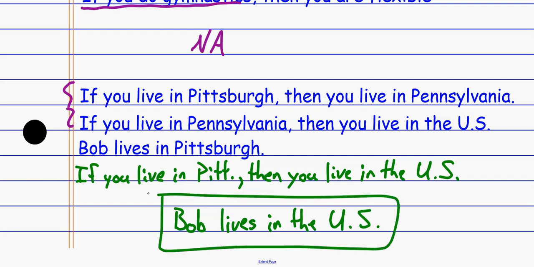And notice we used both of those things to come up with this. We used the law of detachment and the law of syllogism, okay? We can make that connection of Pittsburgh to the United States. And now that we know that Bob lives in Pittsburgh, that's a true statement. So if Bob lives in Pittsburgh, then he lives in the U.S. If we have that first piece to be true, we automatically have the second piece to be true.